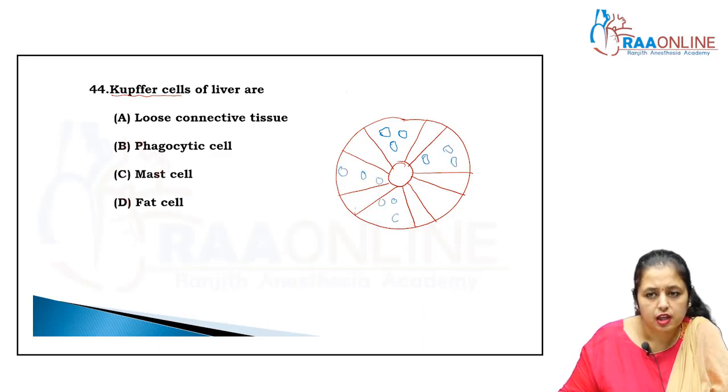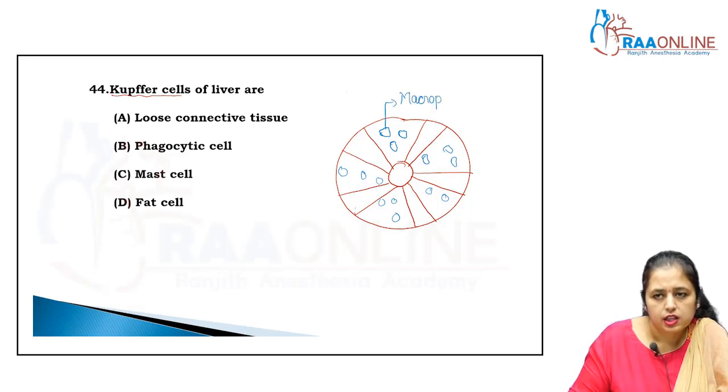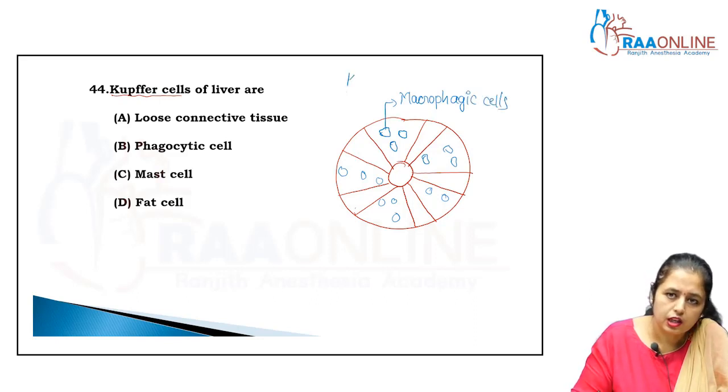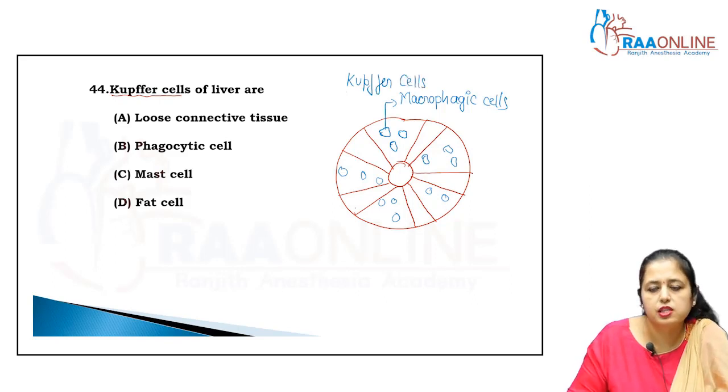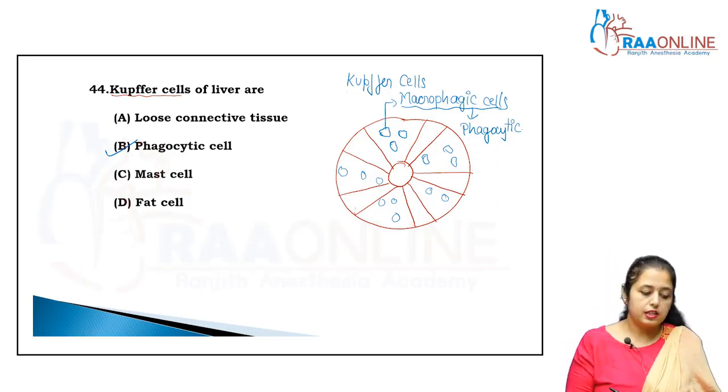These Kupffer cells are the macrophagic cells of the liver, which are phagocytic in nature, right? So the correct option is Kupffer cells of the liver, the phagocytic cells.